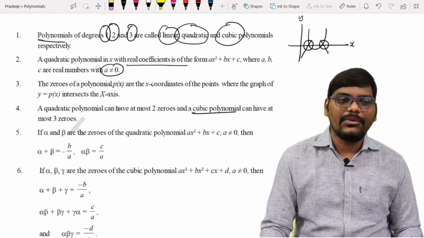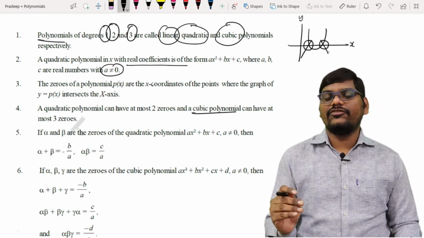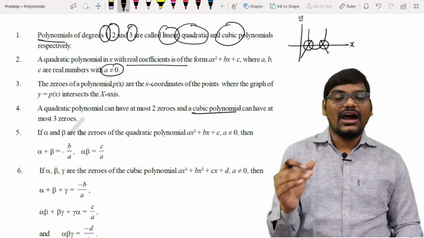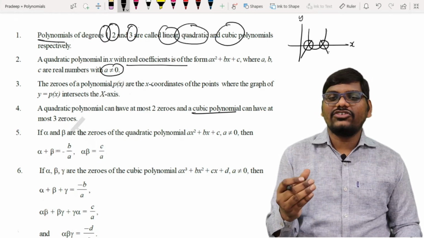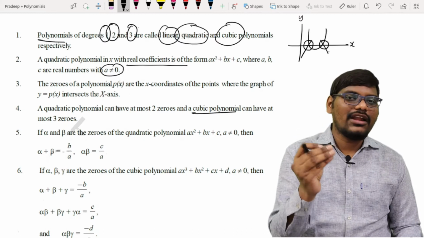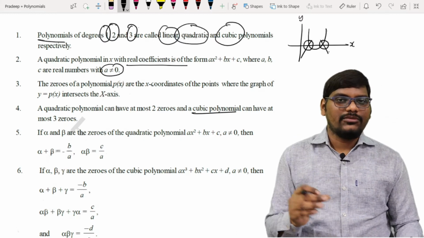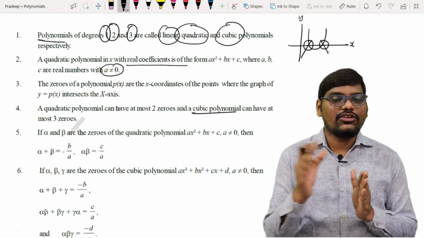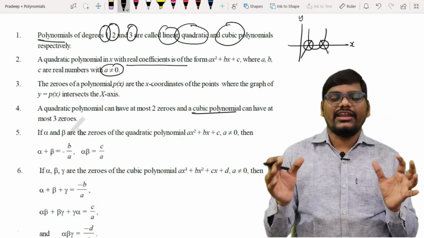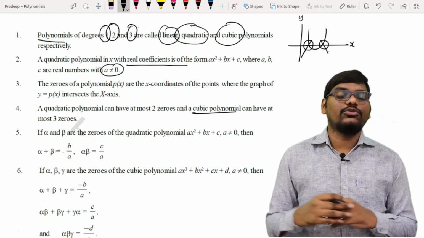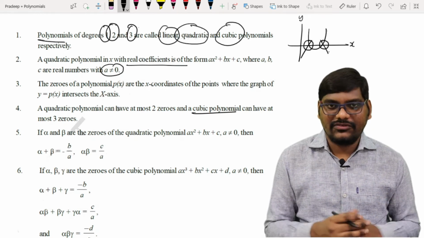If it is a linear expression, most of the time it will have only 1 zero. But it is not compulsory that linear gets only 1, quadratic gets 2 and cubic gets 3. It can vary in certain cases, but most probably we get as per what we discussed now.